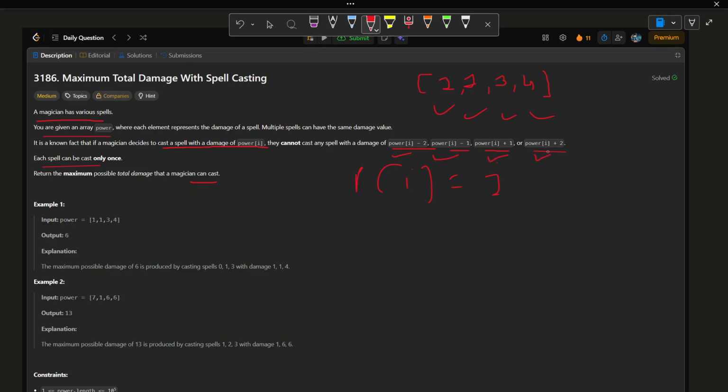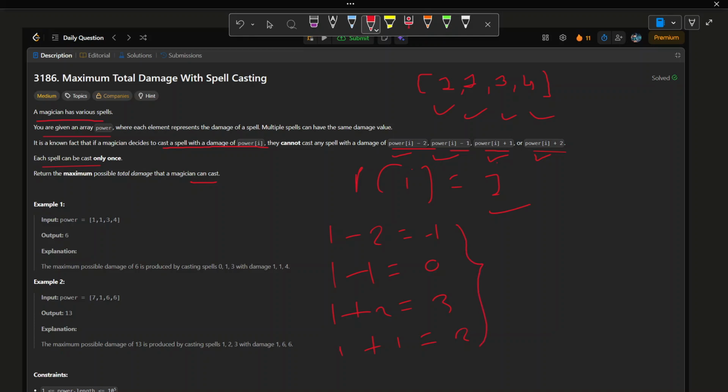That means 1 minus 2 equals minus 1, 1 minus 1 equals 0, 1 plus 2 equals 3, and 1 plus 1 equals 2. So if we consider power[i] equals 1, we cannot consider minus 1, 0, 3 and 2.